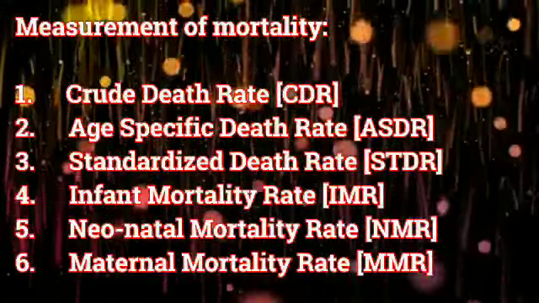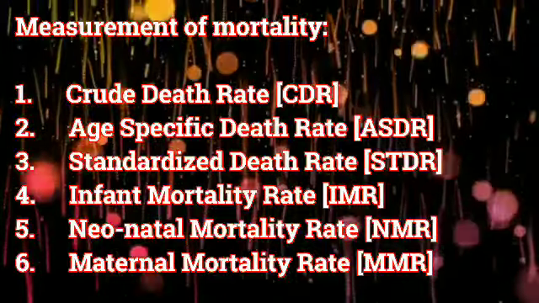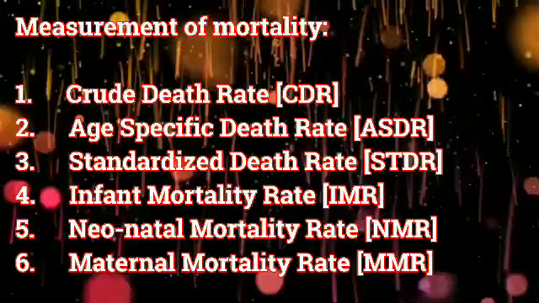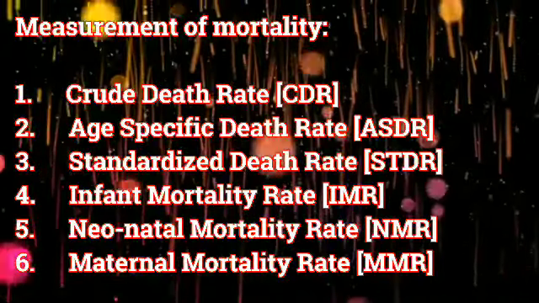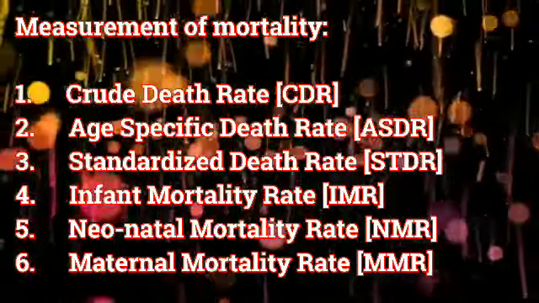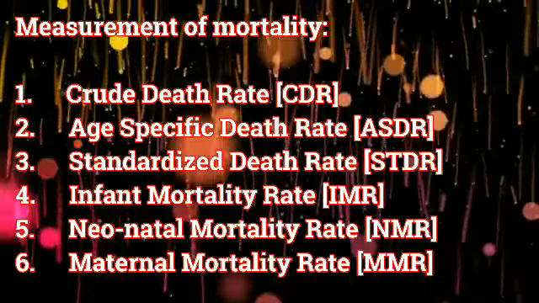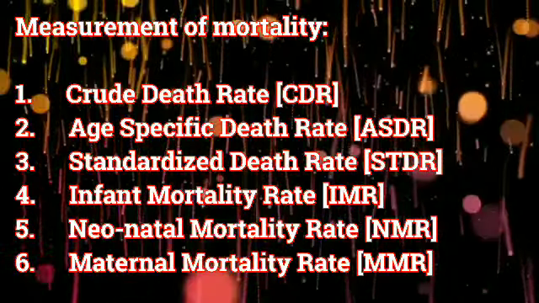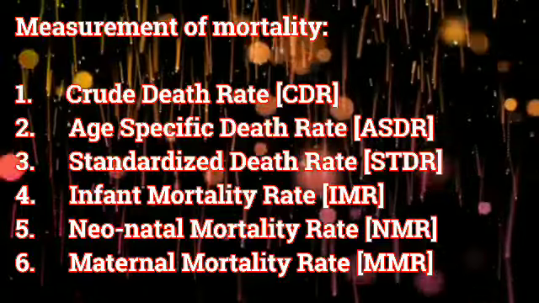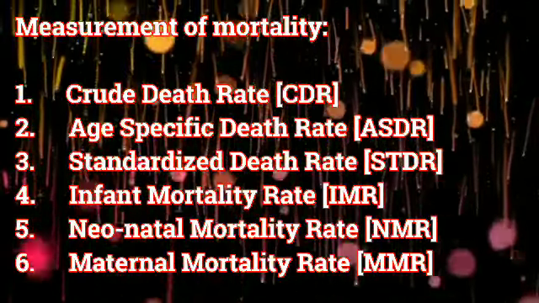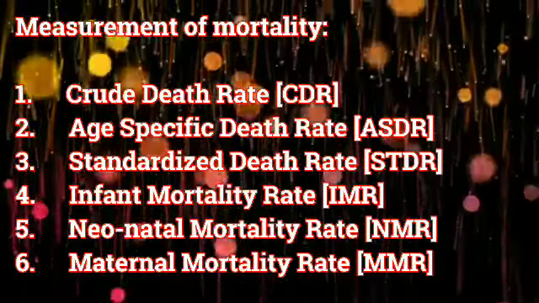Next concept, measurement of mortality. The different measures of mortality are: first one, crude death rate, which is CDR, age specific death rate, ASDR, standardized death rate, STDR, infant mortality rate, IMR, neonatal mortality rate, NMR, maternal mortality rate, that is MMR.